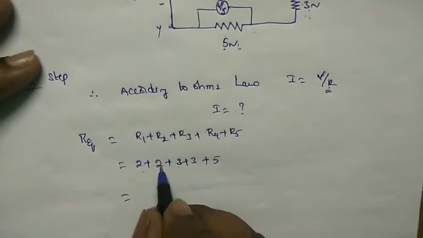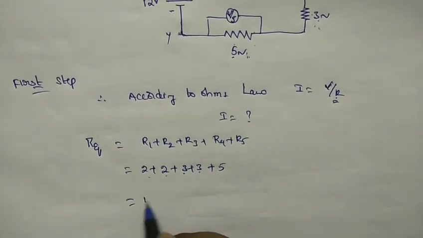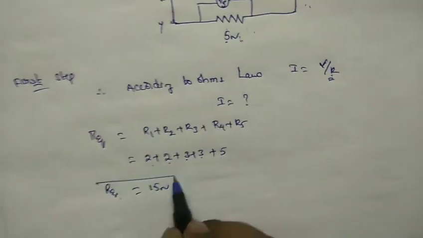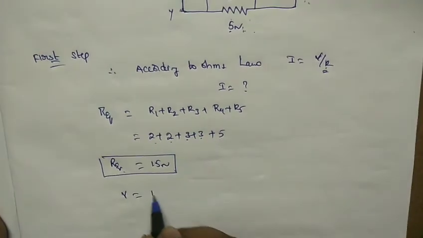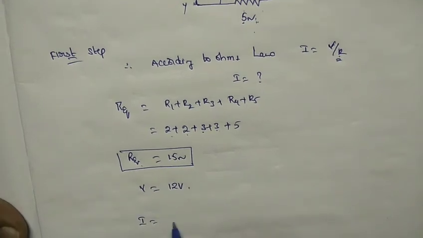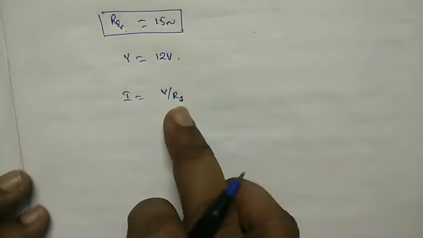Then how much? 2 plus 2 is 4, 4 plus 3 is 7, 7 plus 3 is 10, 10 plus 5 is 15 ohms. So R equivalent is 15 ohms. Already in the circuit V is equal to 12 volts. So we find I is equal to V by RS, where RS means the series resistance.